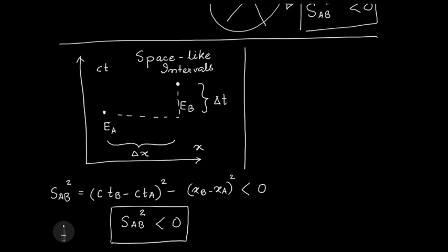There is a lot more interesting discussion that may happen with a space-like interval, but again, I will not go into those. It is a little bit more complicated and involved than what you pay for in this particular course.